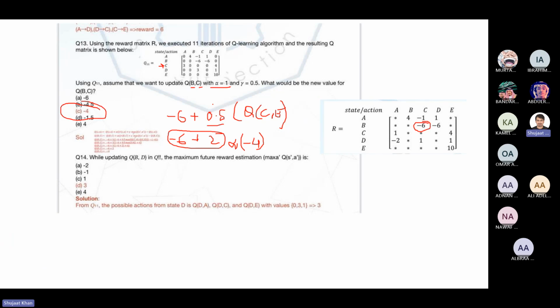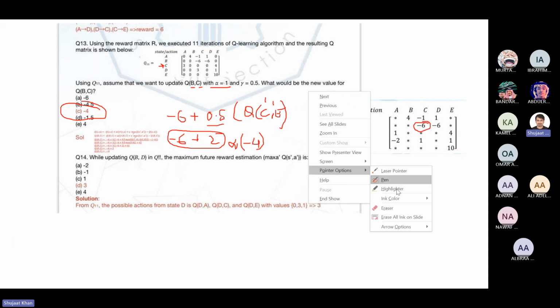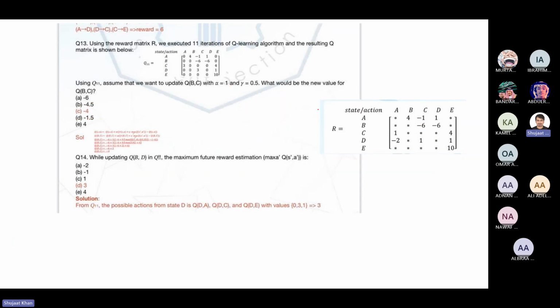Okay, so I think the main confusing point here is why I'm using this CE. I noticed that many students find this one difficult. All other things are fine because I'm using the BC value, I'm using the RBC value. Why am I using the CE value? I'm using the QCE value because in Q learning, we use expected reward.